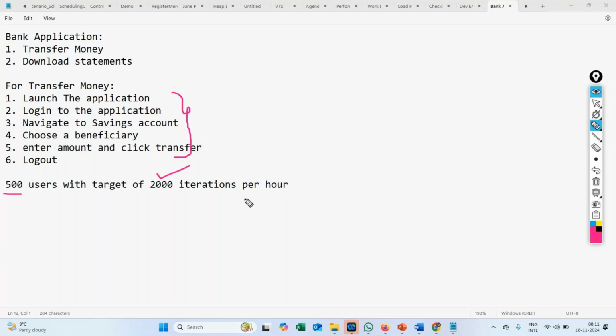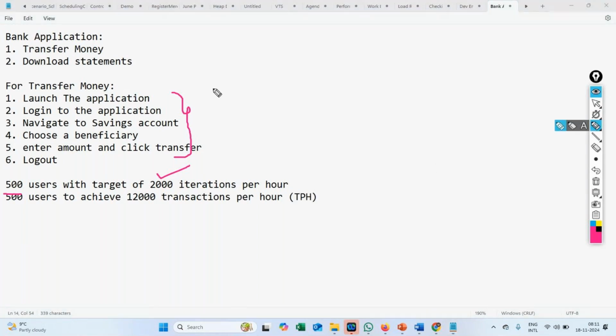This can be one kind of requirement. Then there can be another kind of requirement, like 500 users to achieve, let's say, 12,000 transactions per hour. Transactions per hour, you can call it TPH.